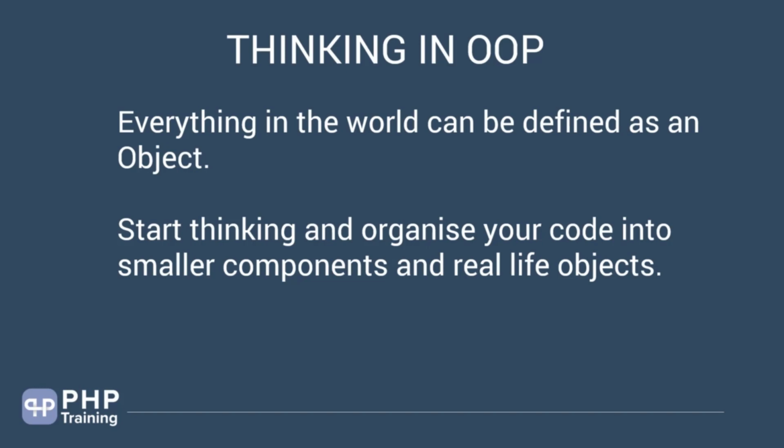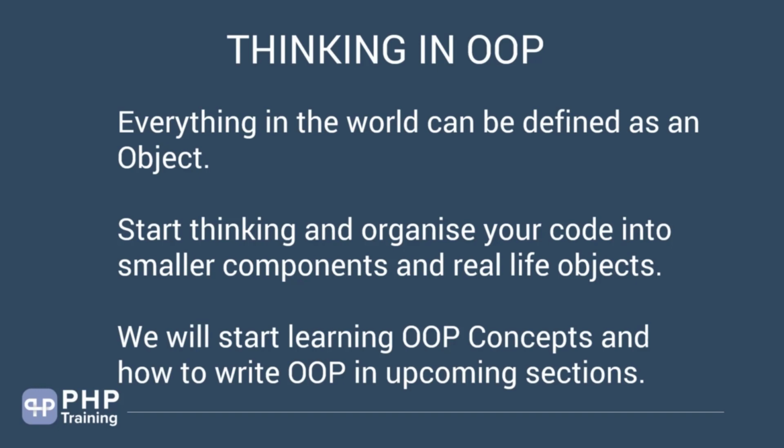This is step 1 before you actually open up the editor and start typing. You have to take a step back in OOPs and sit down and say, okay, let me organize my code logically. How do I write into components and how do I define them into real life objects? We will start learning OOPs concepts and how to write OOP in the upcoming sections.